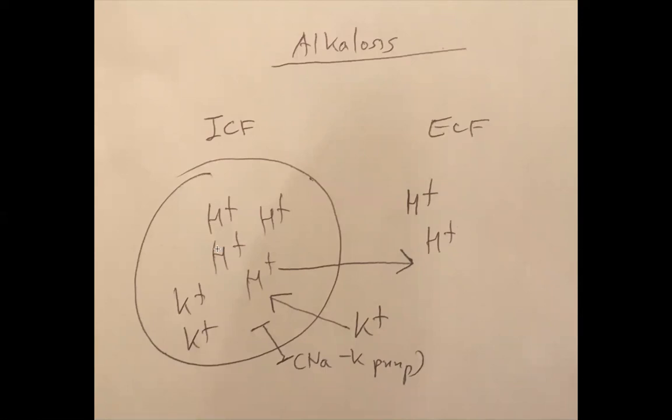So naturally, the hydrogen starts to move out of the cell into the extracellular fluid. Again, the cell says, I'm losing my positive charge. What can I do? It typically chooses to pick up potassium by way of the sodium-potassium pump and draw it into the ICF. And that is why in times of alkalosis, we may see a drop in serum potassium levels.